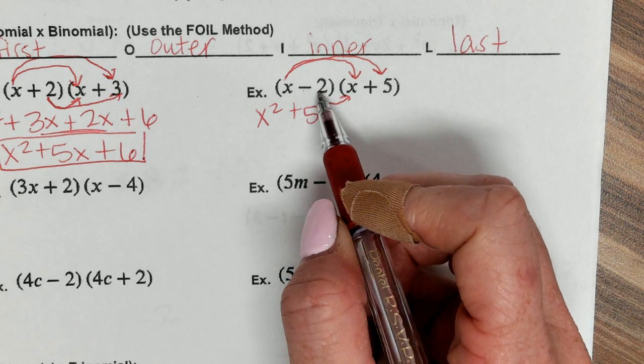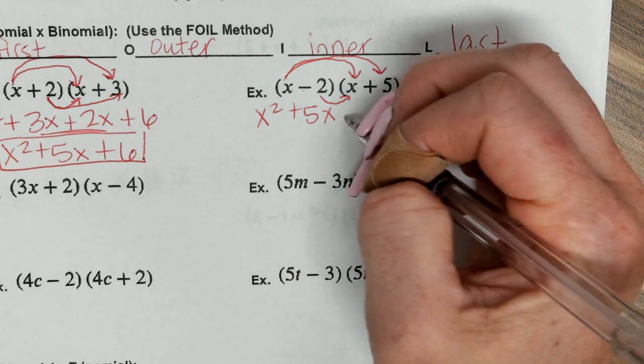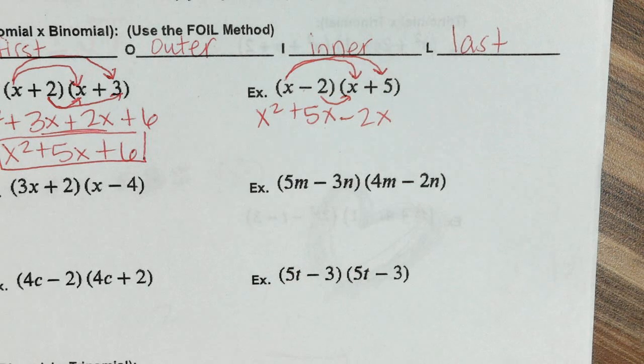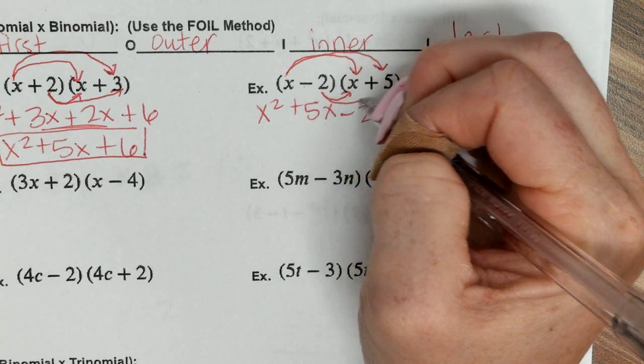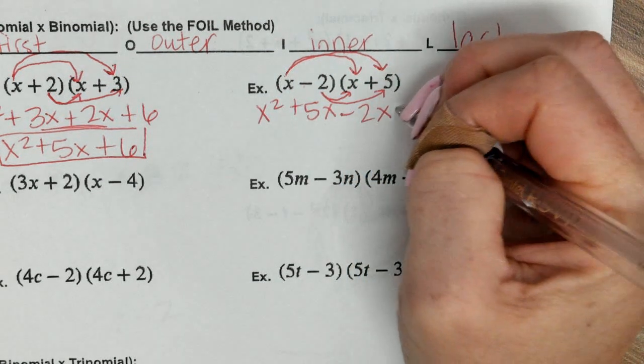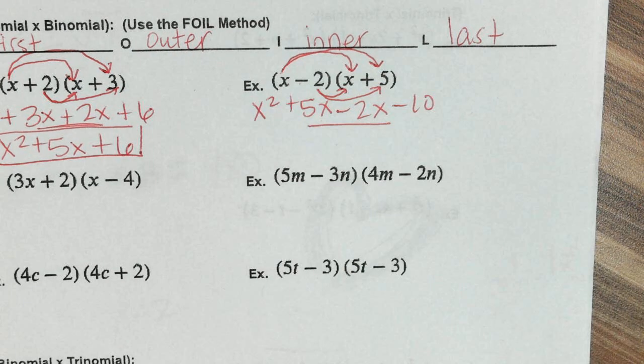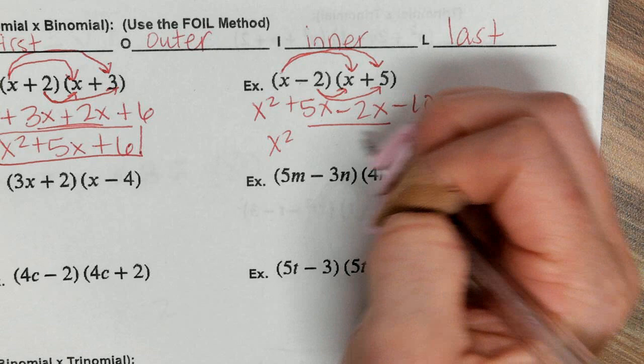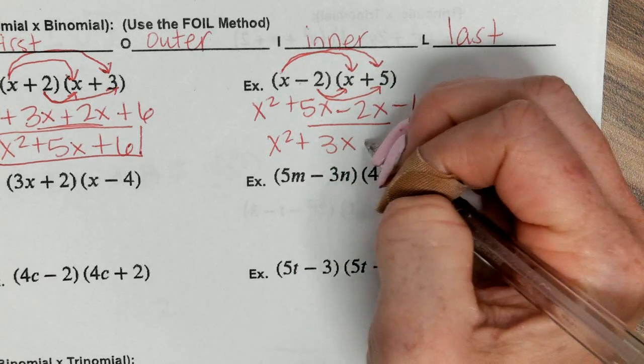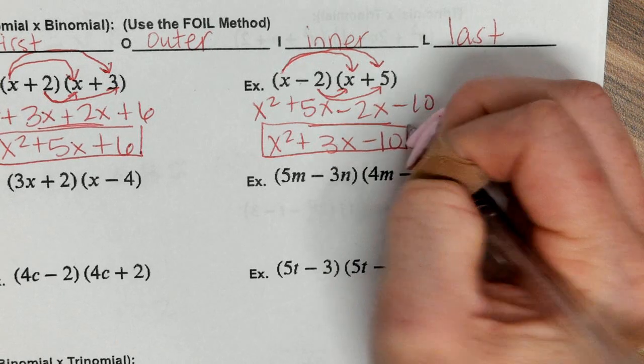That's negative 2 times x. So negative 2x. And last, negative 2 times positive 5 is negative 10. So I got to combine these two. I have x squared plus 3x minus 10.